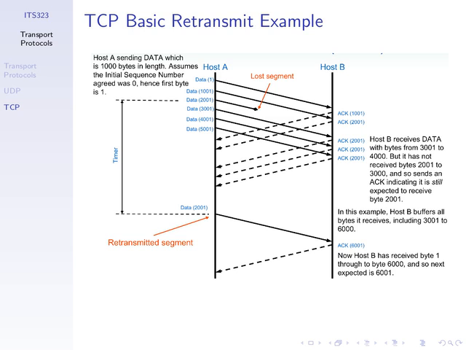This is a problem. B previously sent an ACK saying I expect to receive 2001. It receives a segment starting from 3001 going up to 4000. Where's 2001?